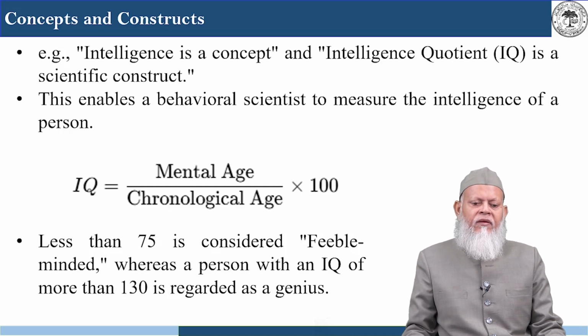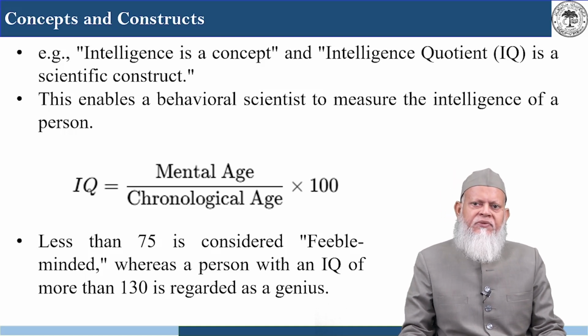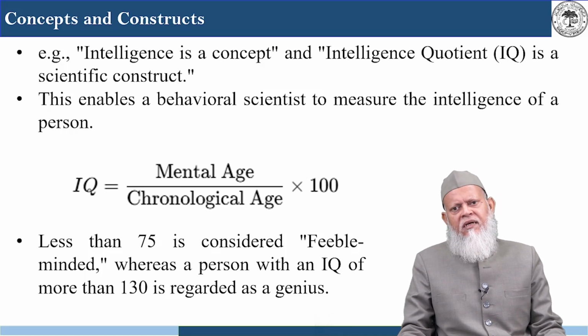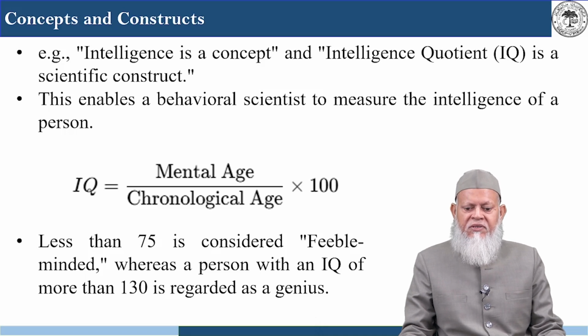So, the difference between intelligence and intelligence quotient explains very well the difference between concept and construct. Intelligence is a concept, whereas intelligence quotient is a construct.